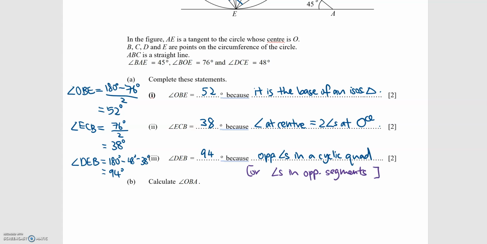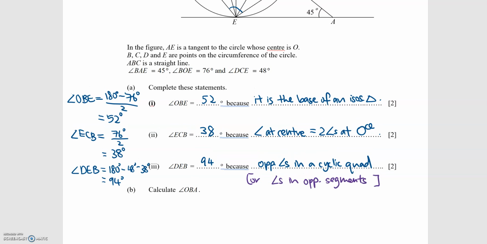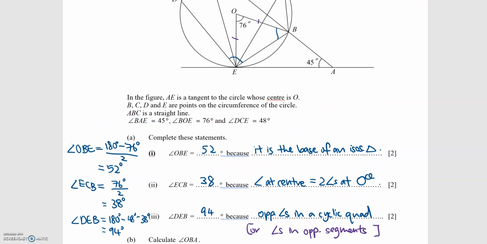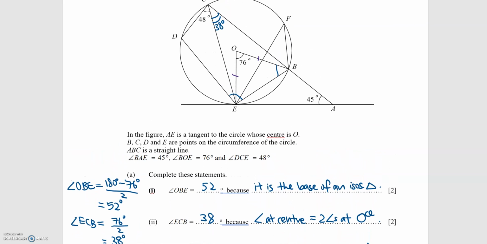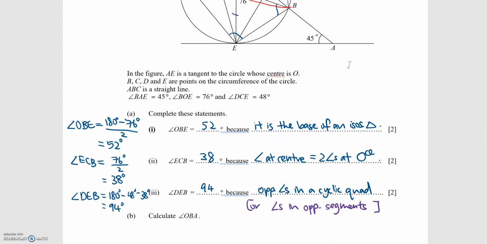So I write down the reason: opposite angles in a cyclic quad, or it's also the same as angles in opposite segments. If I were to use DB as my chord, I see that the two angles here and here, angles in opposite segment, they should add up to 180 degrees. So this is my answer for part A.